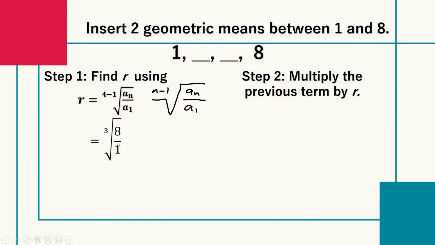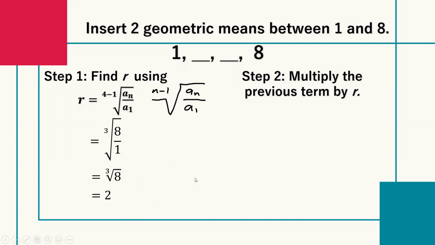So after that, simplify muna natin yung nasa loob ng radical sign. 8 over 1 is equal to 8 lang naman. And then get the cube root of 8. Yan, hingi kayo ng tulong kay best friend, kay calculator. And the value is positive 2. Isang value lang yung makukuha nating common ratio. Okay? So we have positive 2.